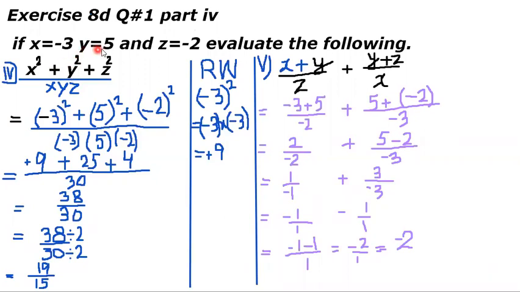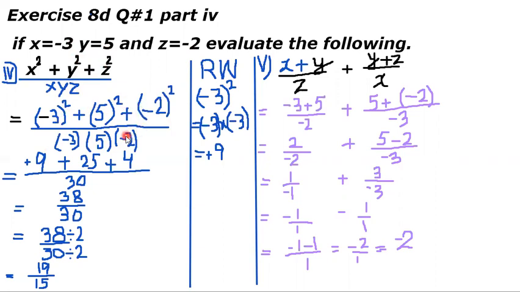The value of y is 5, so instead of y we put 5, and because it's y square, we will write 5 square. The value of z is -2, and z is square, so -2 square. And in the denominator x, y, z, the value of x is -3, y is 5, and z is -2.